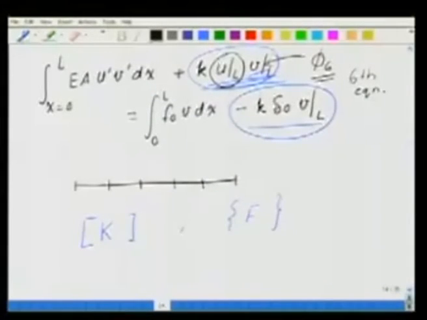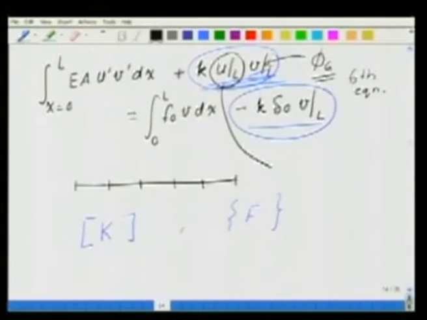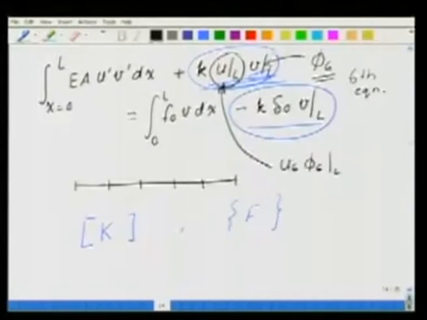The column comes out of the u at L that we have. So, u at L, if you remember, what is the representation for u? It is sigma u i phi i. So, which of the phi i's is non-zero at x equal to L? It is again phi 6. So, essentially u at L will be equal to u6 phi 6 at L. Now, what does this lead to?